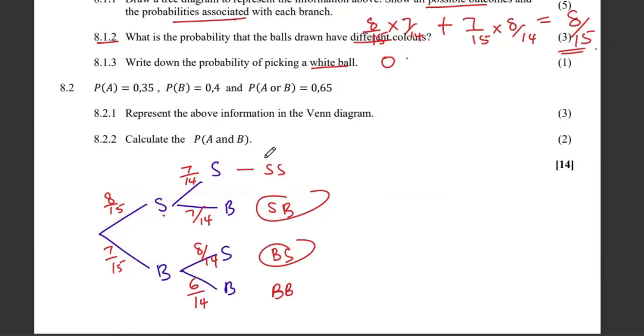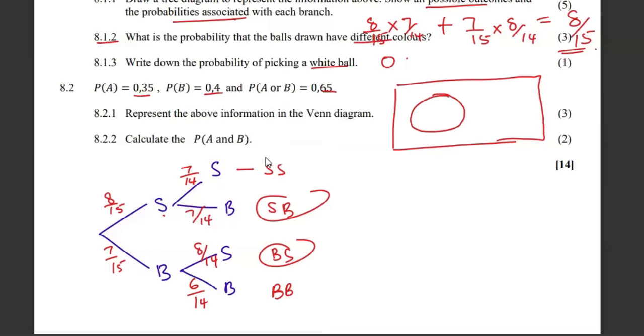Then 8.2, probability of A is this, B is this, and A or B is this. They want us to represent this in a Venn diagram. So this is going to be our Venn diagram. Nice and easy.